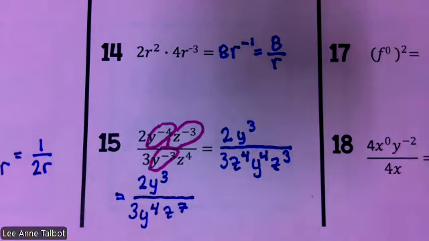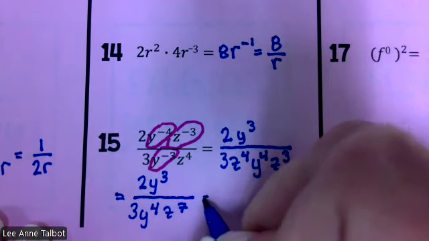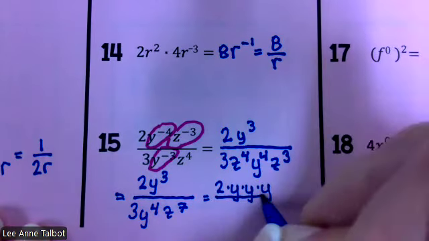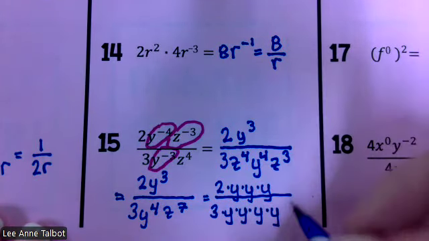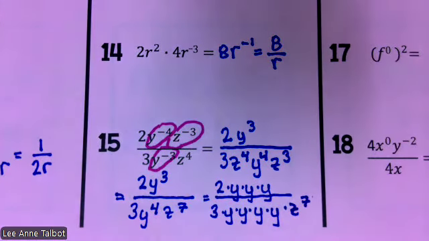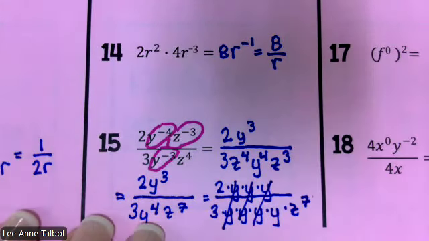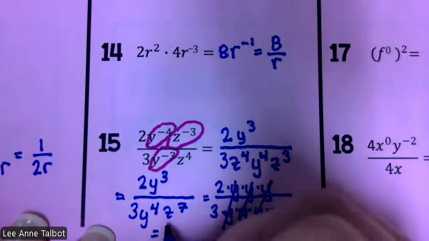Do you guys see any giant ones we can cross out? One, two, three sets. Oh goodness, how am I going to fit this?